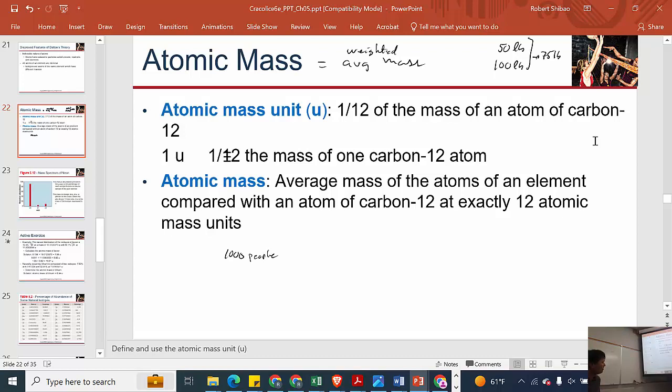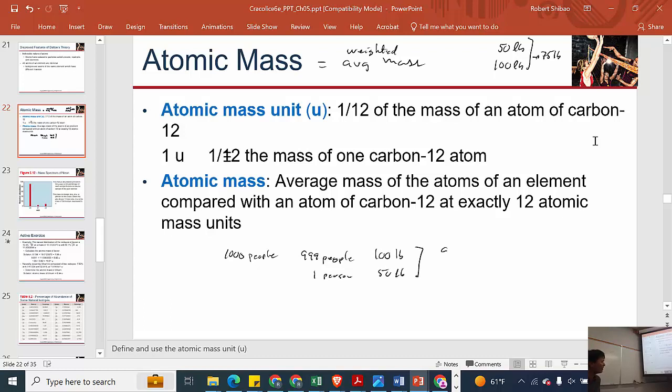And out of this 1,000 people, let's say 999 people weigh about 100 pounds. And then one person weighs 50 pounds.